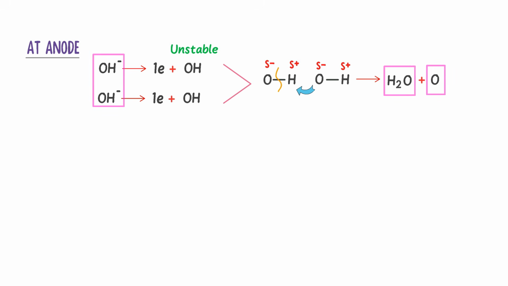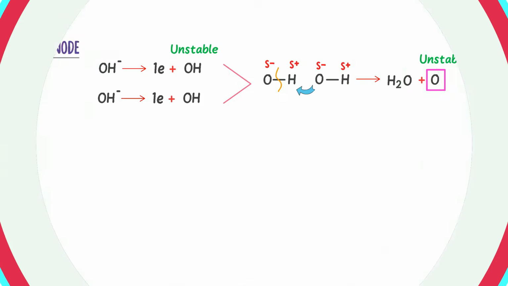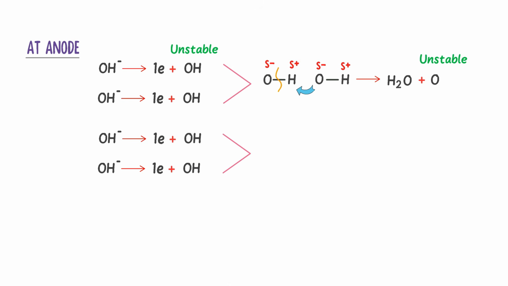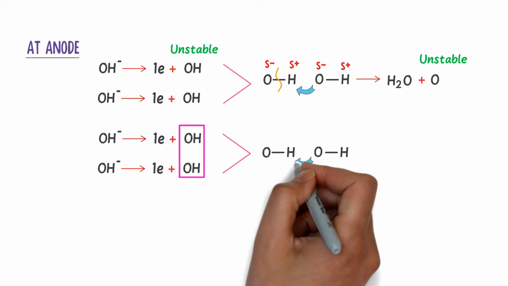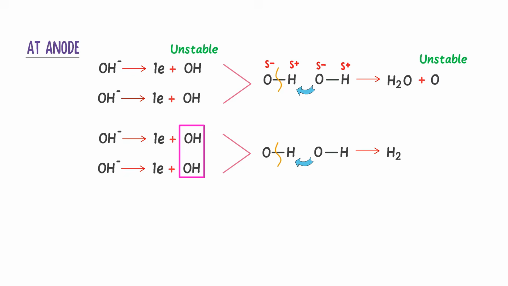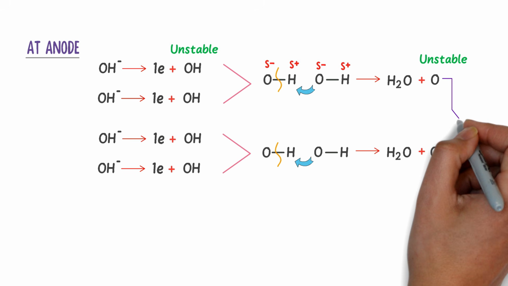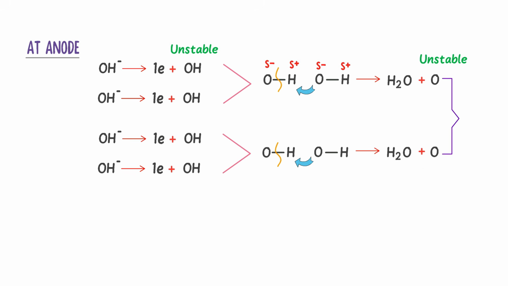Now here is another problem. This oxygen is also unstable. So another two hydroxide ions will appear on the stage and they will lose one electron each. We know that this OH and this OH are not stable. So they will react together to form one molecule of water and one oxygen. Here this oxygen and this oxygen will react together to form oxygen gas. Now listen carefully.